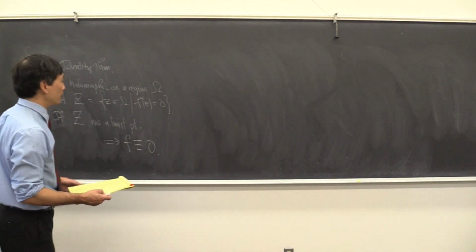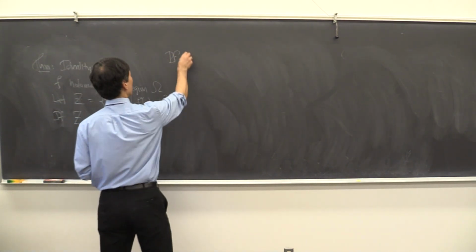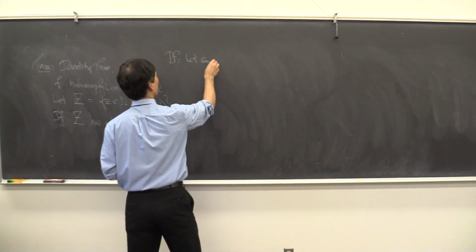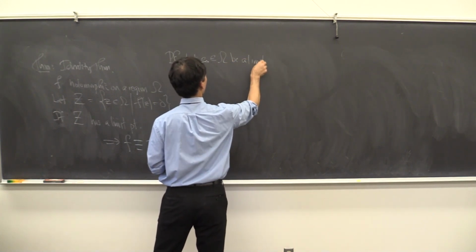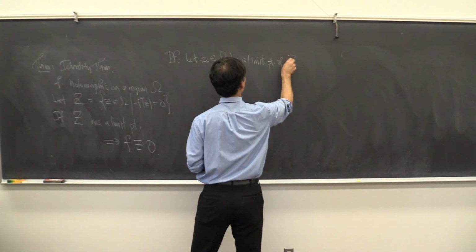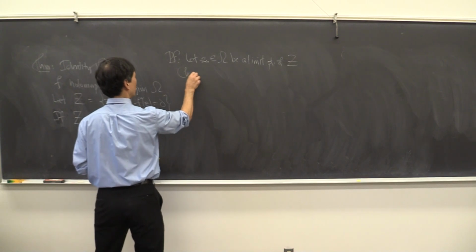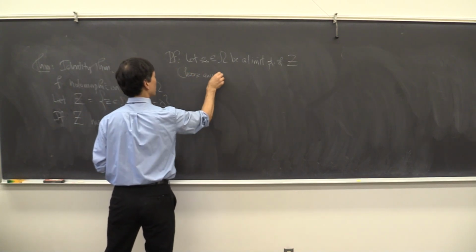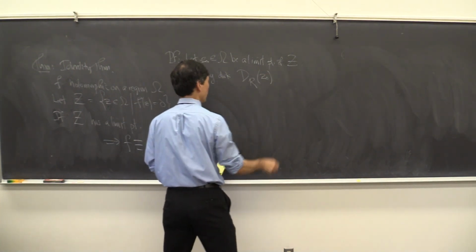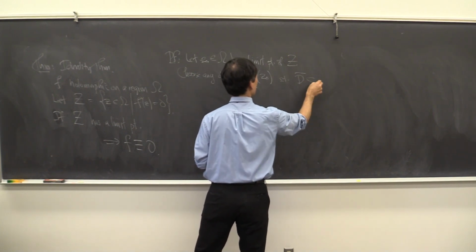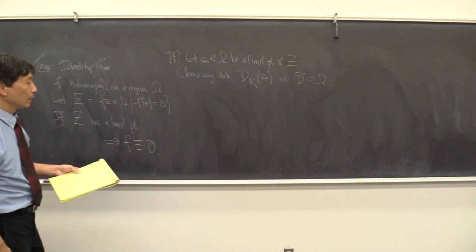Okay, so here's the proof. Let Z0 be a limit point of the set of zeros, and choose any disk centered at Z0 such that the closure is contained in the set.